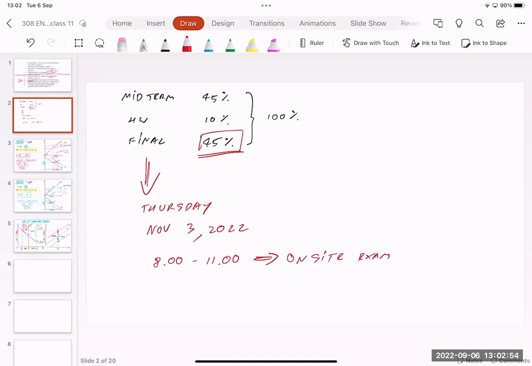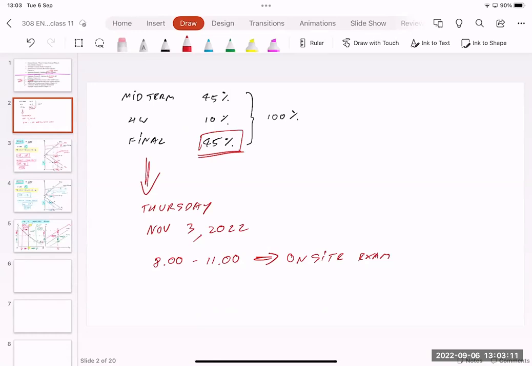You have to come to the econ building to take the exam. The exam date cannot be changed because it is already set by the registration office of the university. It's going to be on this day only.